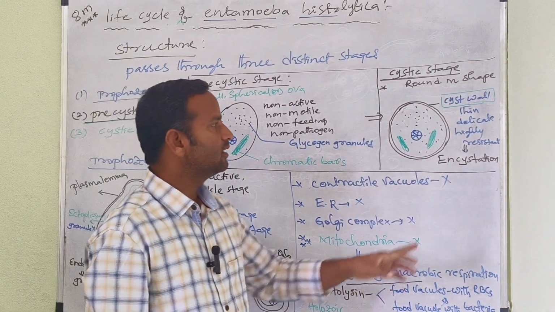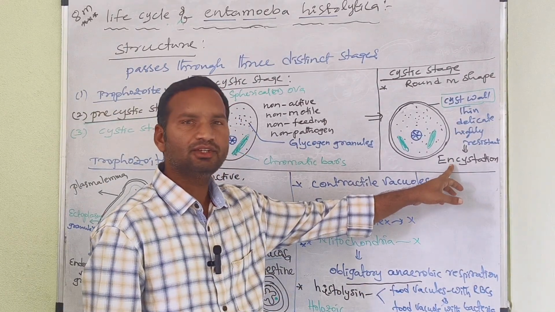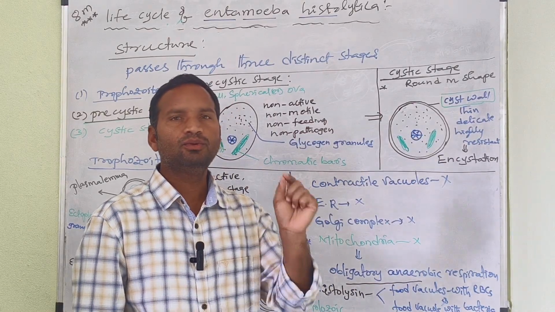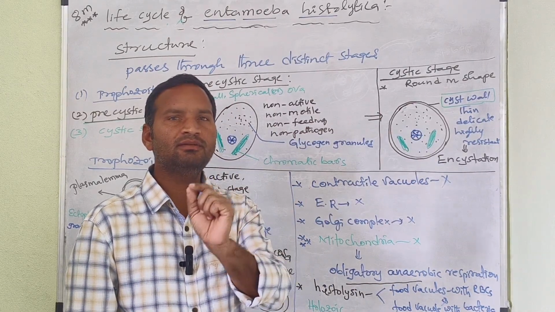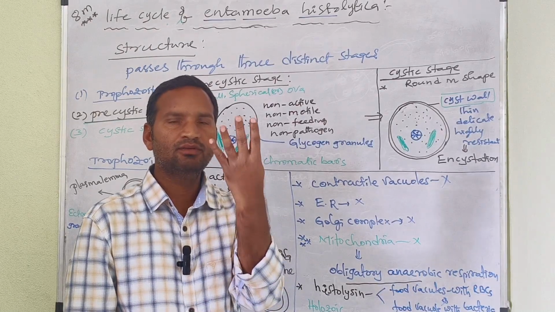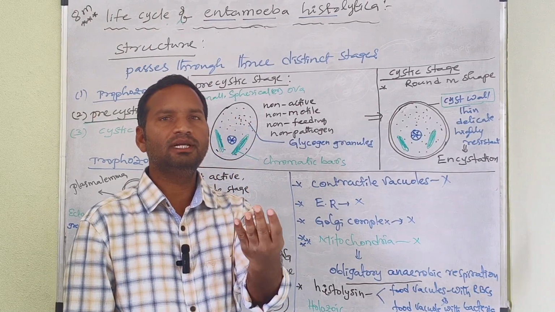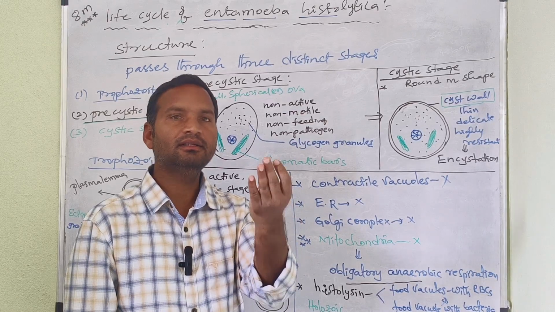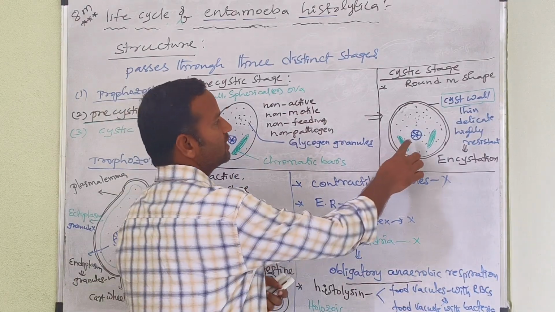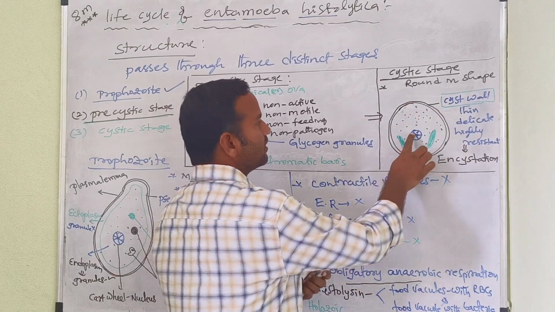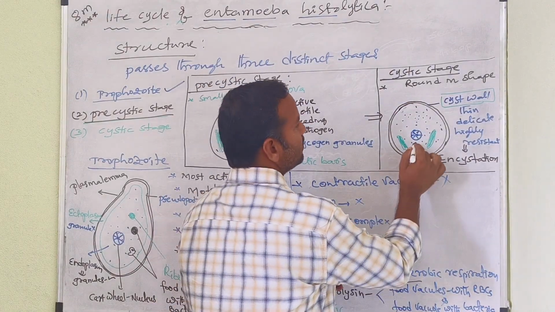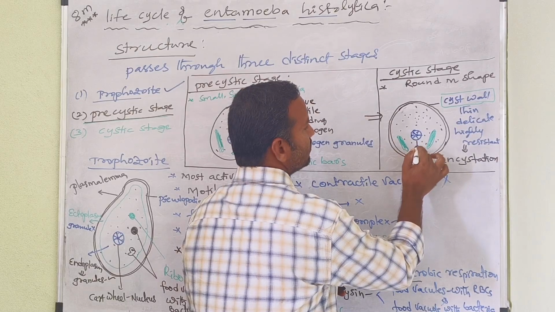The next one: after the encystation, the nucleus undergoes two successive series of mitotic division. As a result, it produces four daughter nuclei, and then the stage is called the tetranucleate stage. In this stage, only a single nucleus is there, which undergoes the first mitotic division.